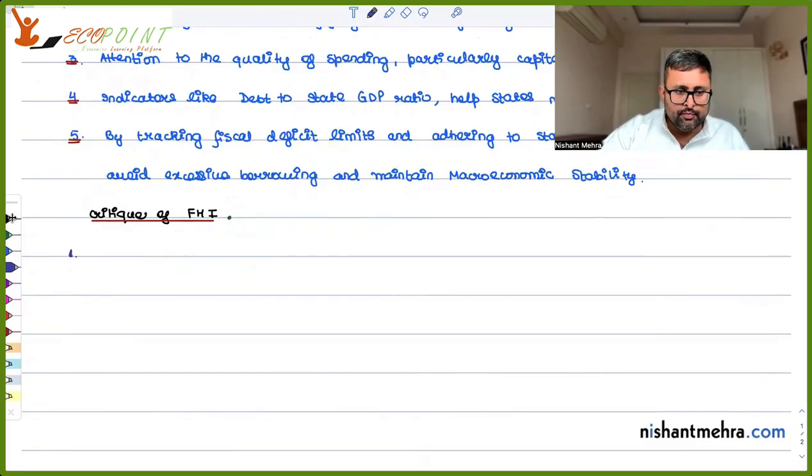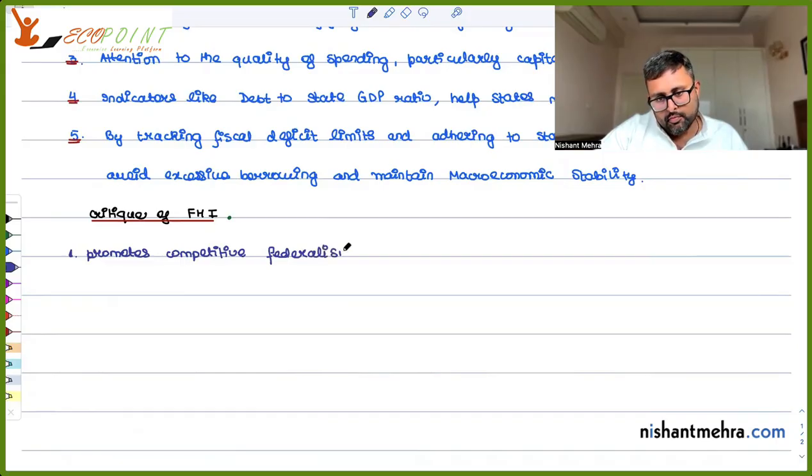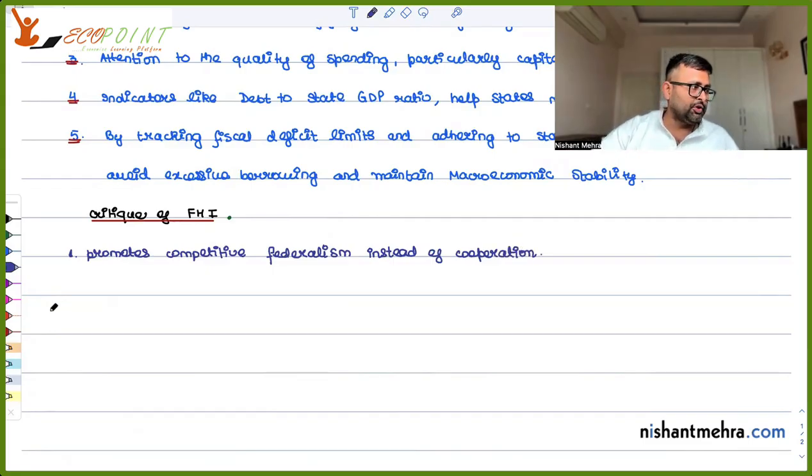So it promotes competitive federalism instead of cooperation.